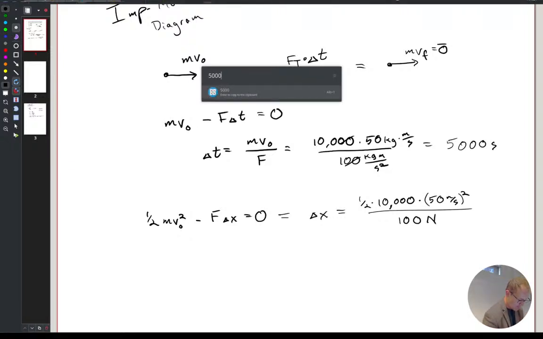We went 125,000 meters. It sounds like the diameter of the Earth-ish. So hopefully the asteroid was not right in front of us. We're not trying to avoid something. Well, it said deep space, so there's lots of space.